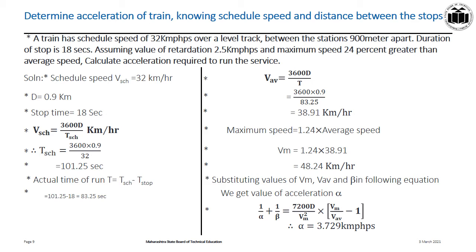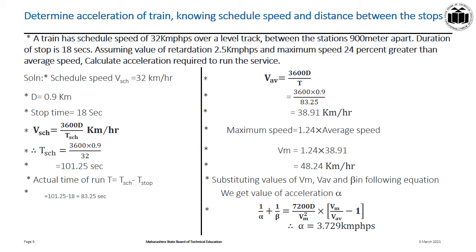Solution. The given data are schedule speed V schedule is equal to 32 km per hour, distance between the stops D is equal to 0.9 km, stop time is equal to 18 seconds. Schedule speed formula is 3600 D divided by T schedule km per hour.